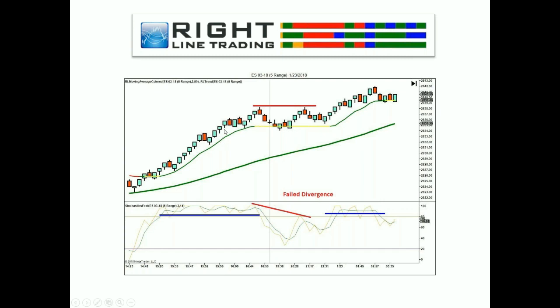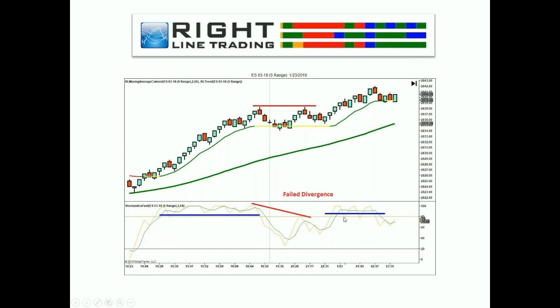Now, the way that we've configured stochastic is this way. All the traders who trade it and lose money look to fade the market when the market's overbought. Our supposition, and this is the way a lot of traders feel, is that when the market's overbought, the bulls are in control.